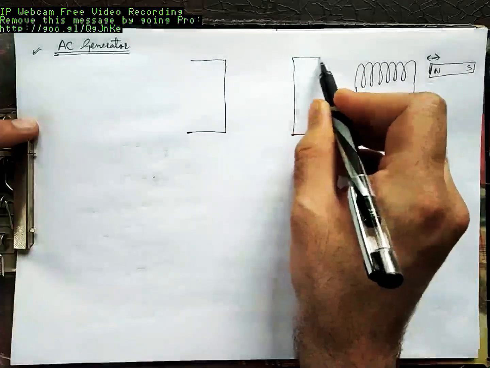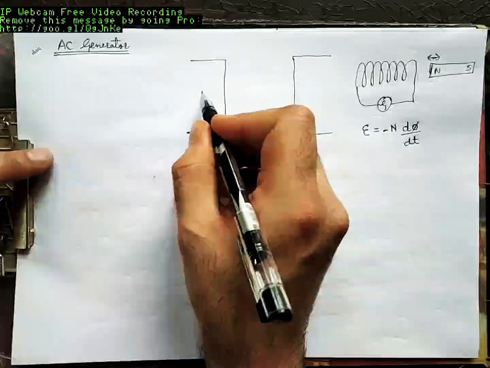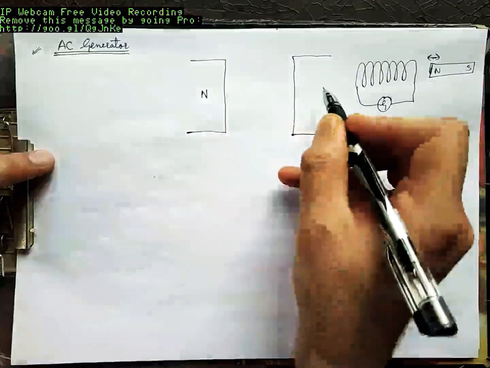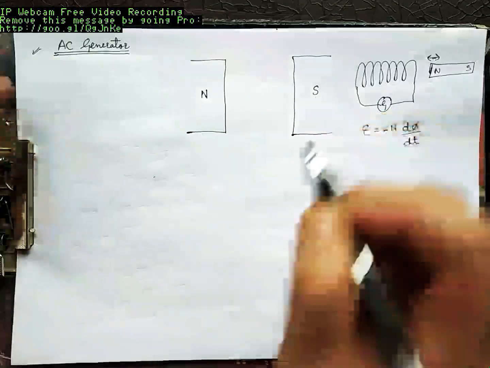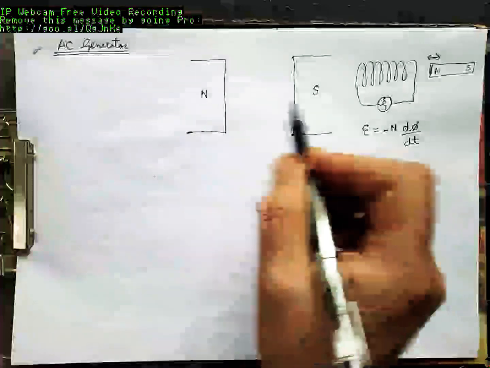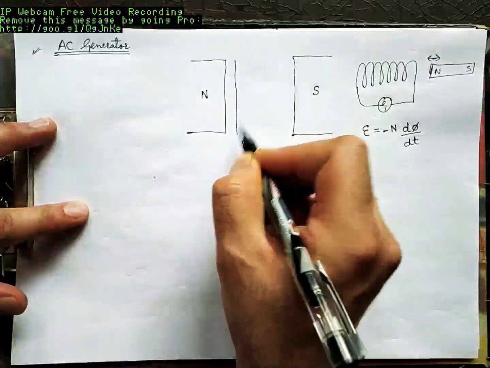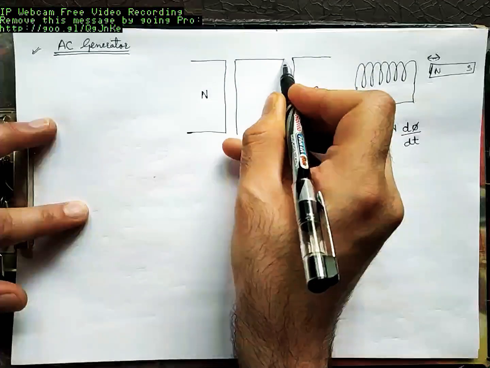Let us suppose we have a magnetic field here where this side is the North Pole and this side is the South Pole. Inside this magnetic field, I have placed a coil. This is a conductor.